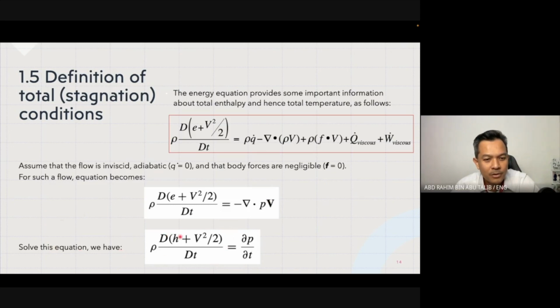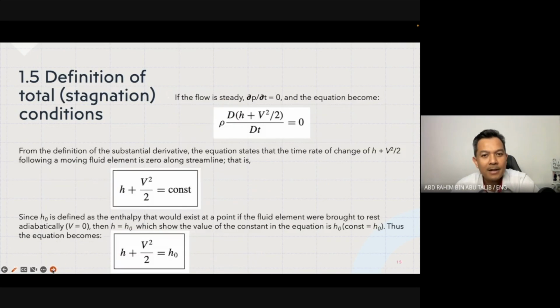You solve this equation, we have this expression, and then we can move on, where if the flow is steady, the change in pressure over the change in time equals 0, and the equation becomes this expression.